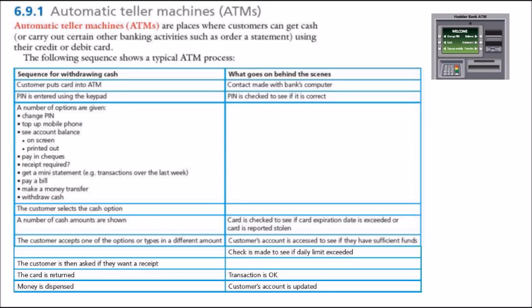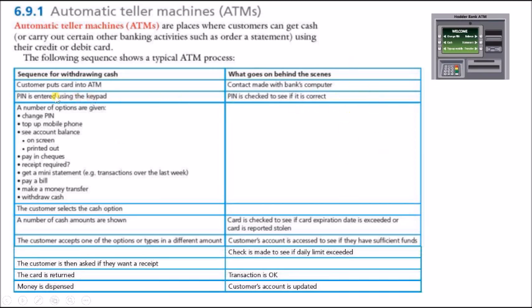The following sequence shows the typical ATM process. This table is talking about the sequence for withdrawing cash and what goes on behind the scenes. This is what we see and this is what is happening in the system.